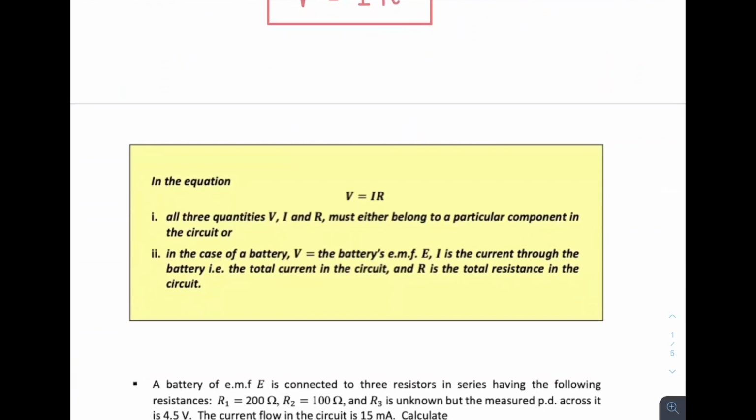Then all three quantities, V, I, and R, must belong to that particular component. Otherwise, V, I, and R could be total values, meaning that V is then the battery's EMF, I is the current through the battery, and R is the total resistance in the circuit.